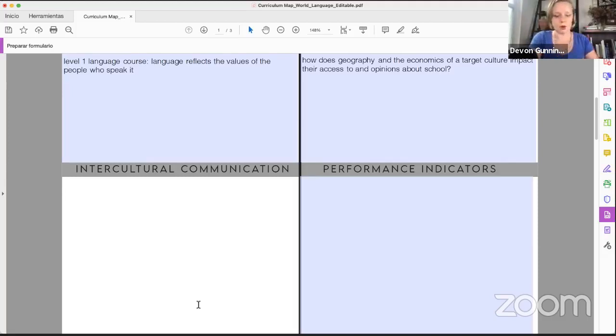So you're focusing mostly on identify at the novice level. And then in intercultural communication, I can interact at a survival level. That's the main word for novice, is interact at a survival level for novices.